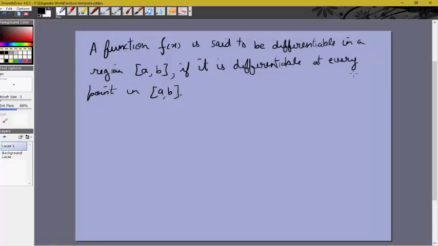Similarly, we defined differentiability at a point, that is the limit as x approaches from the left or the right, provided both the limits exist and are the same. And now we've extended the definition to differentiability in a region. And again, there is one small trick here which is similar to that for continuity.